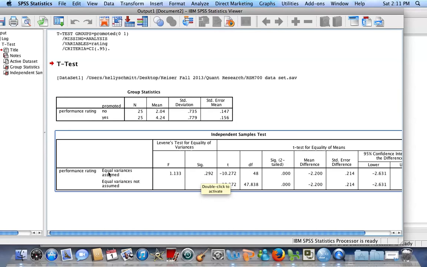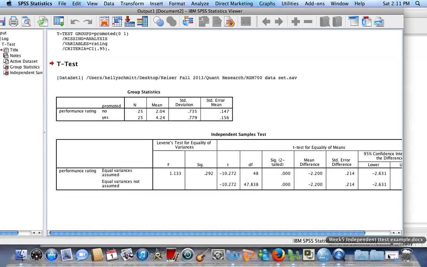So we can go ahead and look at the row called equal variances assumed now because this was not significant. So that means our t-value is negative 10.272, degrees of freedom 48, and significance value of 0.000.